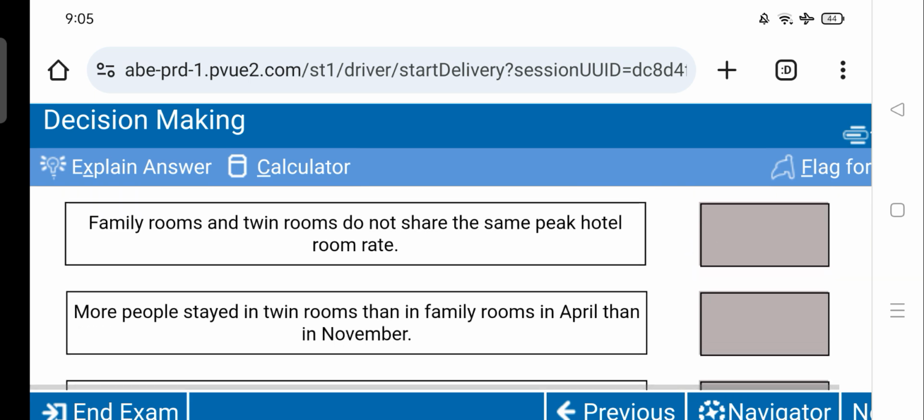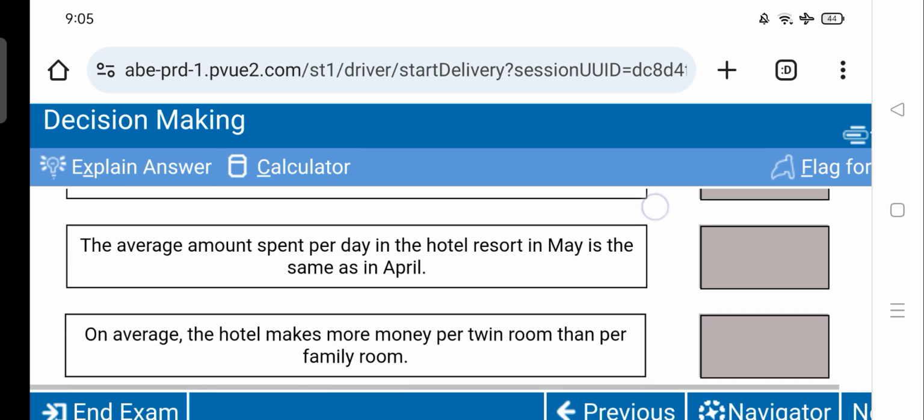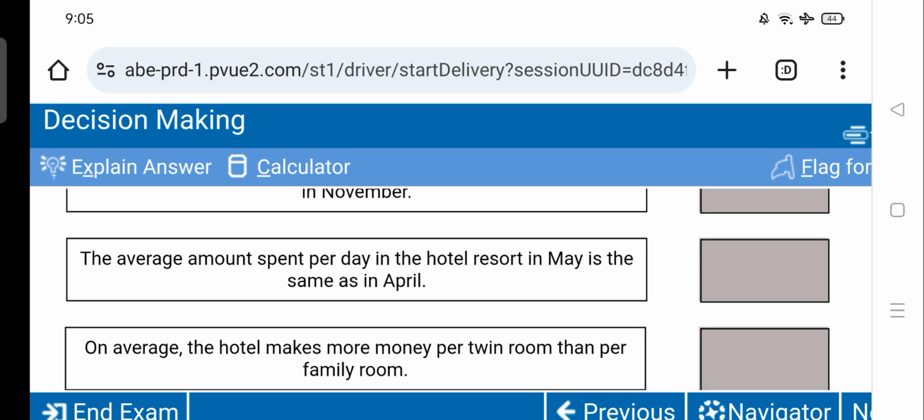Third, more people stayed in twin rooms than in family rooms in April than in November. Fourth, the average amount spent per day in the hotel resort in May is the same as in April. Fifth, on average, the hotel makes more money per twin room than per family room.